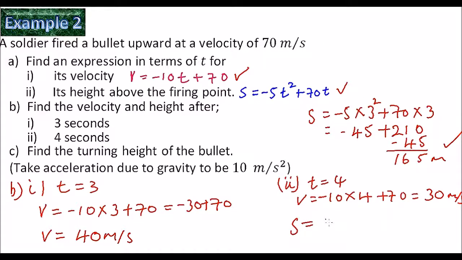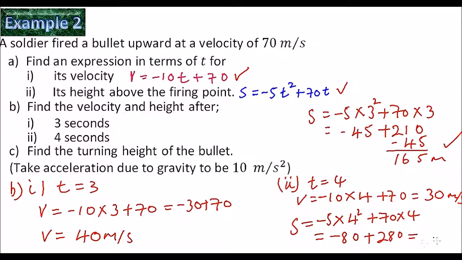Then height is equal to, after 4 seconds we substitute, minus 5 multiplied by t squared, which is now 4 squared, plus 70 multiplied by 4. So you multiply, 16 multiplied by 5 gives you minus 80, plus 280.